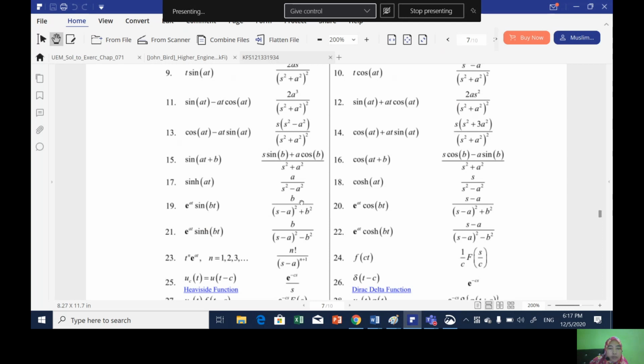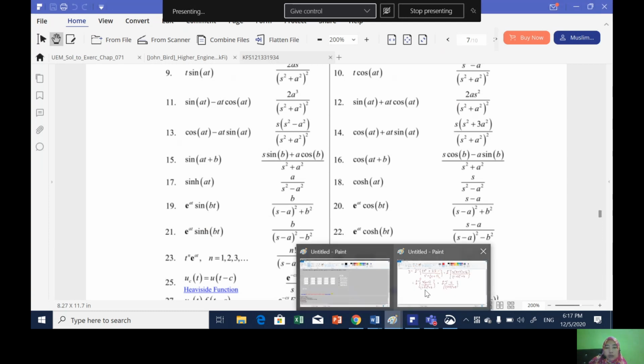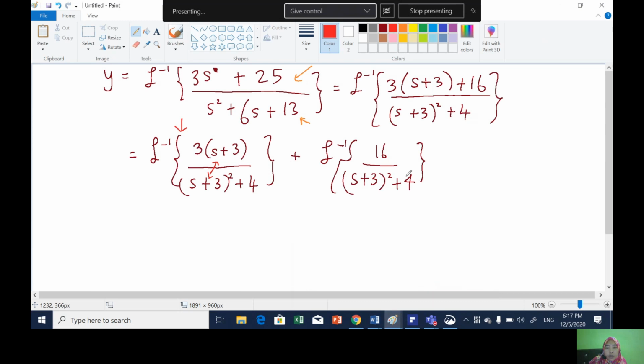But there is a b that we are supposed to make similar at the numerator. In this case, this b is 2. I'm going to show you one by one. So this one we use number 20, and here we use number 19.